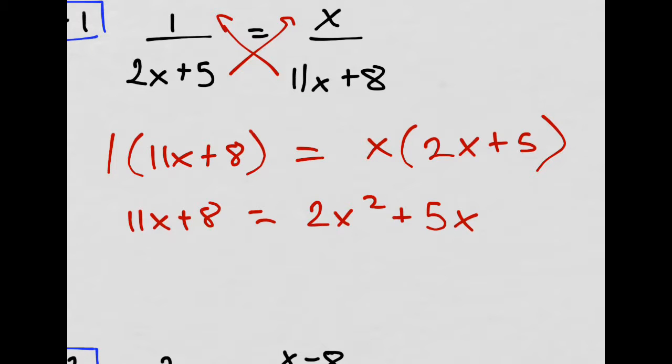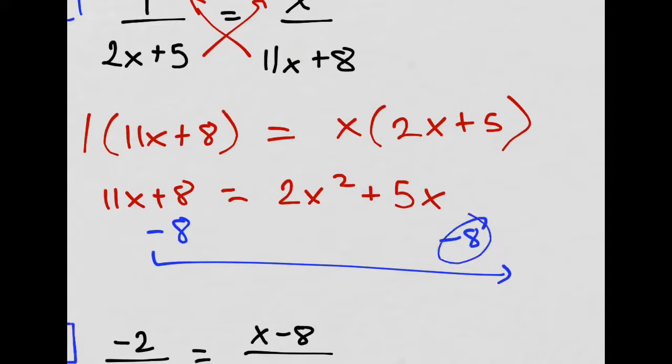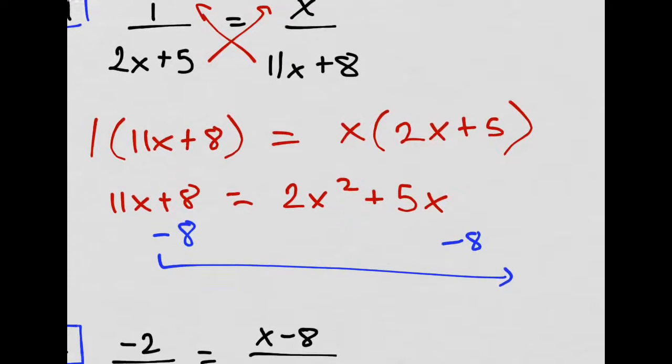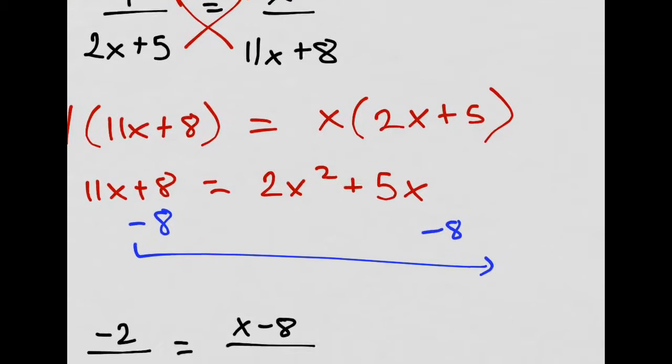I prefer to have the x squared be positive, so I'm going to leave the 2x squared on the right side, because that's already positive. You don't have to do this, but I prefer to have it positive. So I'll just take the 8 and subtract it over. I have to do the opposite. It's plus 8, so I subtract 8. There are no like terms on this side, so I can't really do anything but write it.